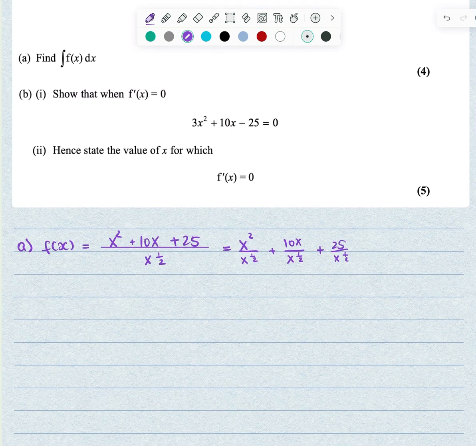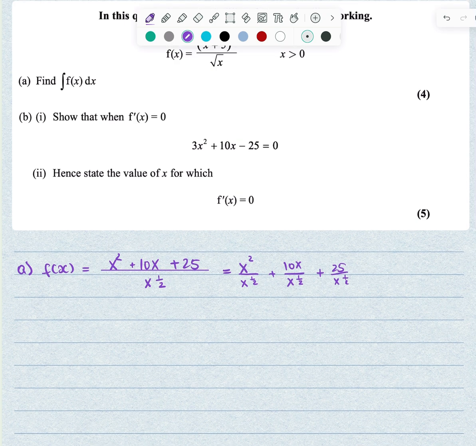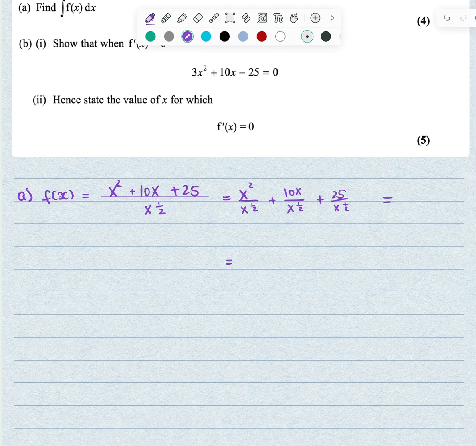This question is 4 marks, so we will be getting a mark for writing this expression as a power of x for sure. That is going to be written as, this is the step before the final, x to the power of 2 minus 1/2, plus 10 x to the power of 1 minus 1/2, and then finally 25 multiplied by x to the power of negative 1/2.